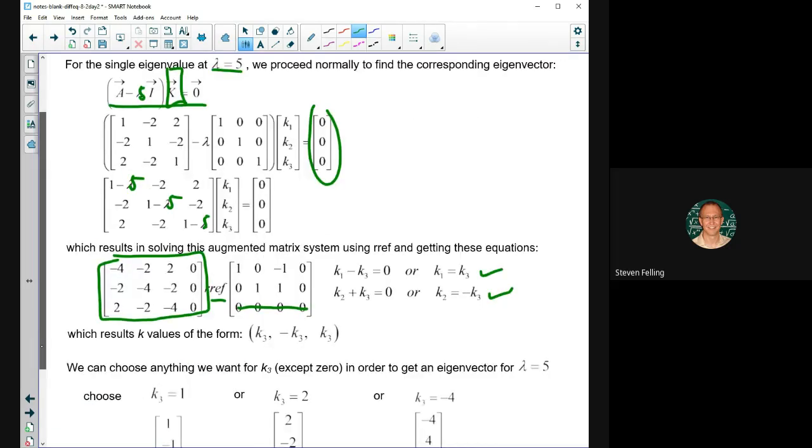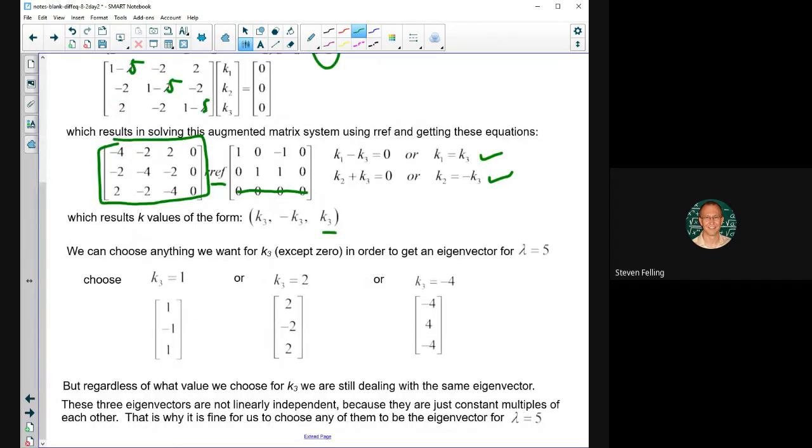So that means we have a general form: whatever we choose for k3, then k1 will be the same and k2 will be the negative. So for example, we could choose 1, and then we would have 1, -1, 1, or we could choose 2, and we would have 2, -2, 2, or any number here, right? While all these are okay choices for the eigenvector, they're not linearly independent of each other because they're all multiples of one another.